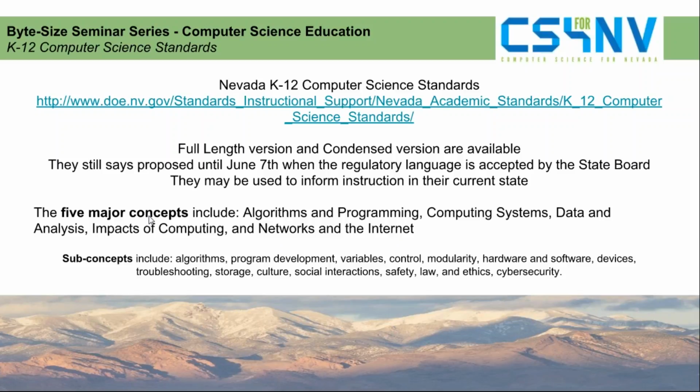And each of those 5 concepts will have its own page for kindergarten. And down below, it'll have the connections to other core subject areas: math, science, ELA, and social studies.